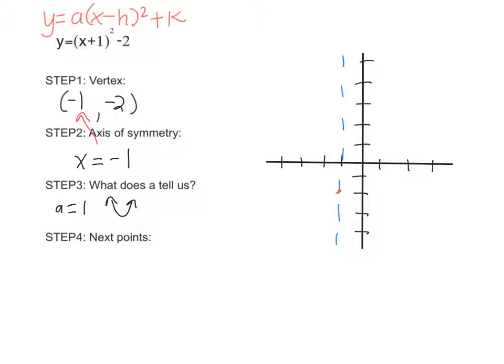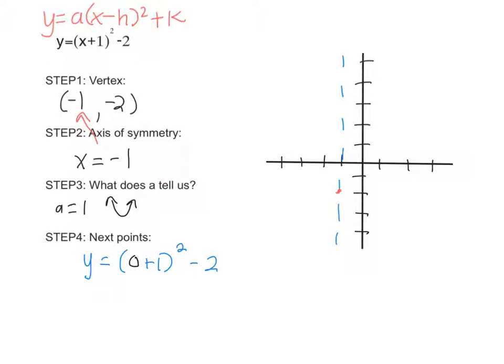Okay, so for my next points, I have the option of picking either -2 or 0 as my x value. I always default to 0 if I can, because 0 is just an easy number to use. So I'm going to go back into the equation that was given, and every place there was an x, I'm going to put 0.